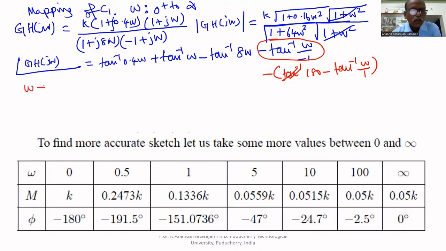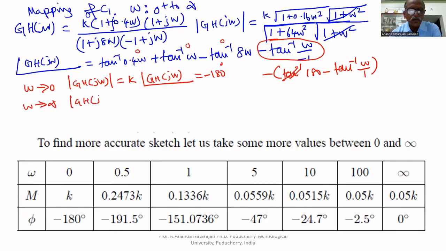Now, when omega tends to 0, the modulus of GH of j omega equals K. The angle of GH of j omega equals, this is 0, this is also 0, this is also 0, this is 180. Therefore, minus 180 degrees. When omega tends to infinity, you get an infinity by infinity form.